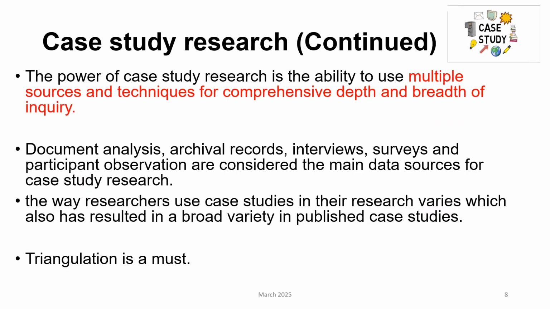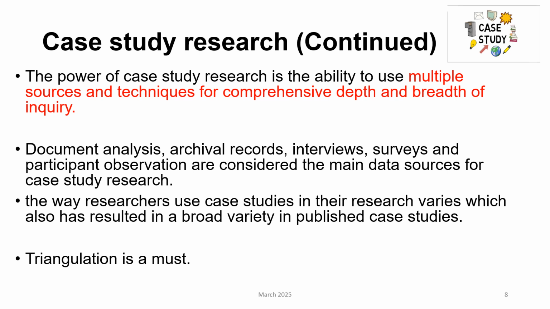The main source of power in case study research is the ability to use several sources of information to obtain a comprehensive understanding of the phenomenon under investigation. Case study research can involve several types of data collection tools, such as document analysis, archival records, interviews, surveys, and participant observation.